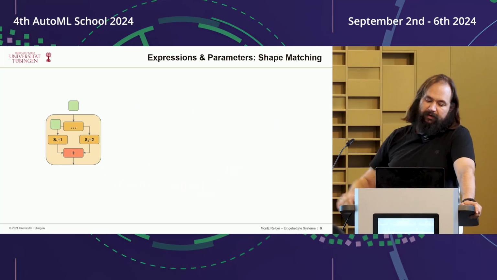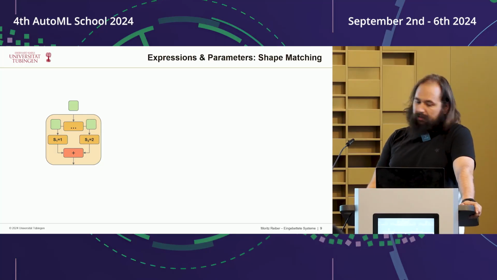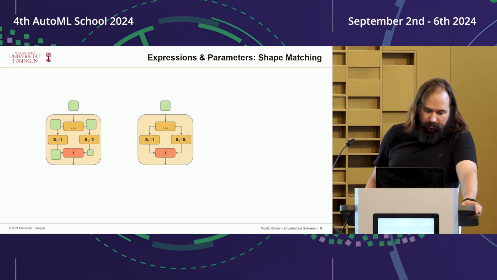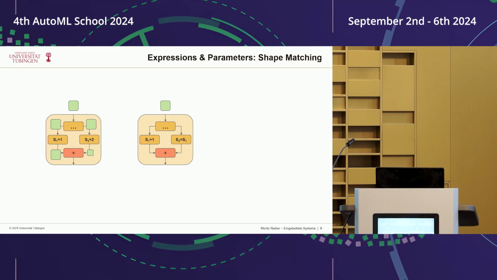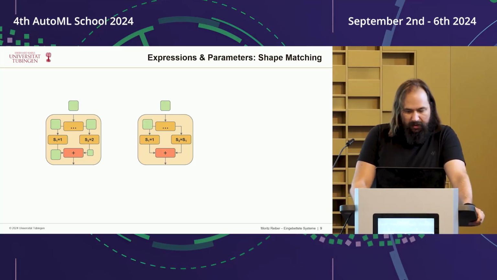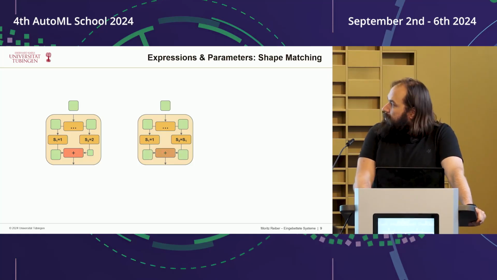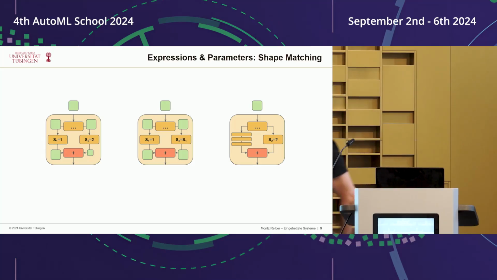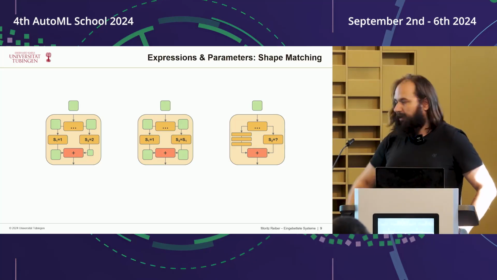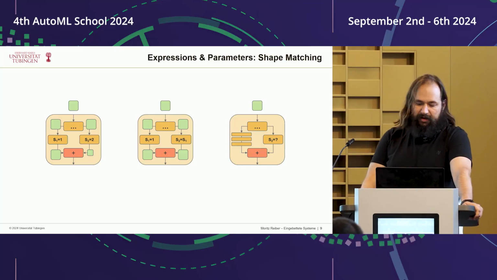These can then be used to describe that, for example, the strides on both sides of an addition need to be the same, or even if we have one single layer on this side of the neural network graph and a stack of layers here, that in the end the shapes must match, so we derive any architecture that fulfills this invariant.